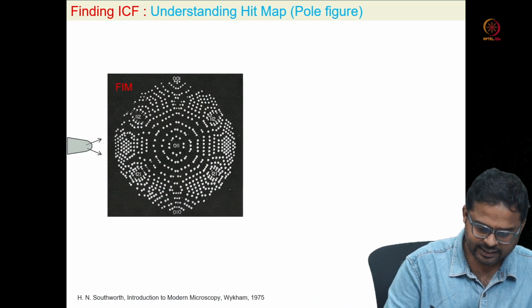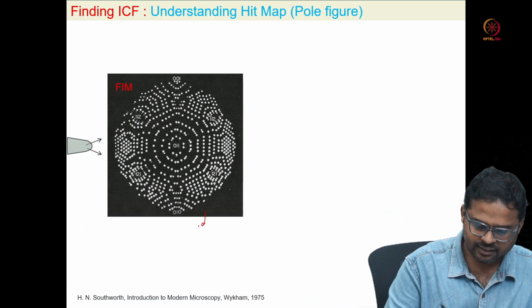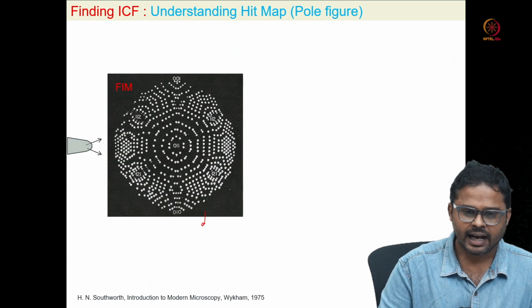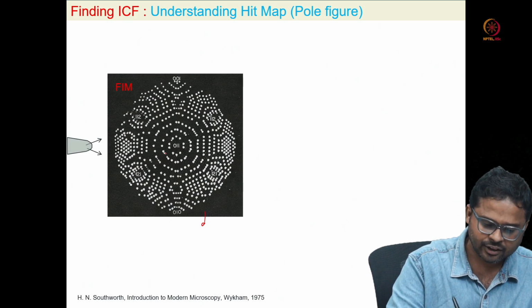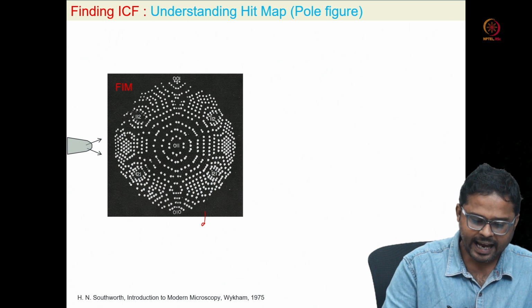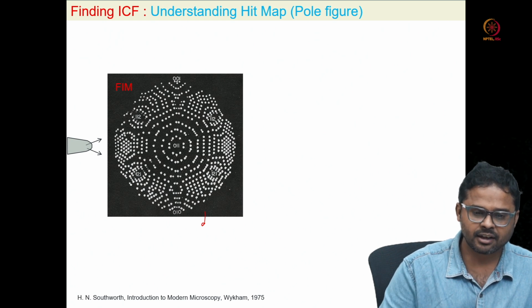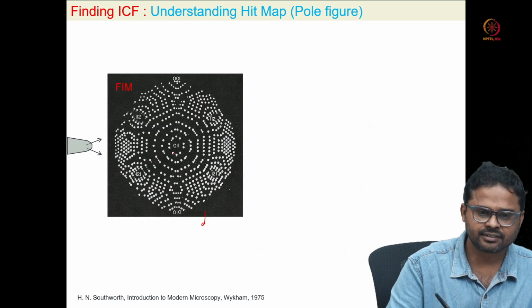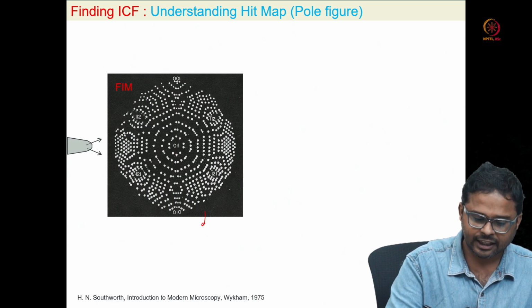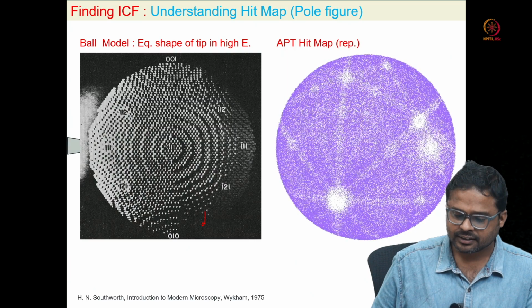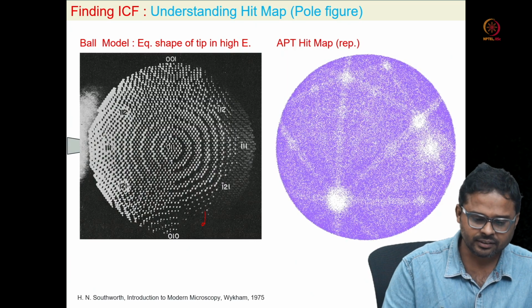Here there is an ion map which shows the distribution of ions which hit the fluorescent screen. You can see there are several terraces, and concentric rings which correspond to the poles. Actually, from the stereographic projection, you can measure these poles.